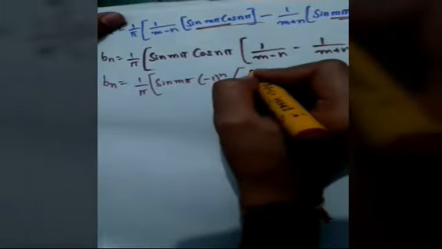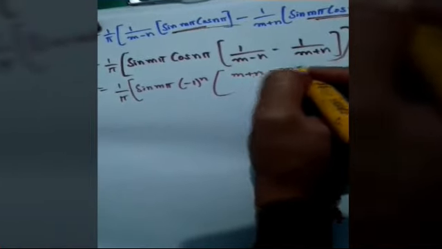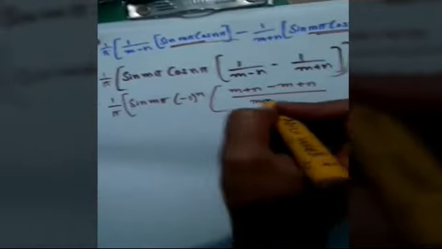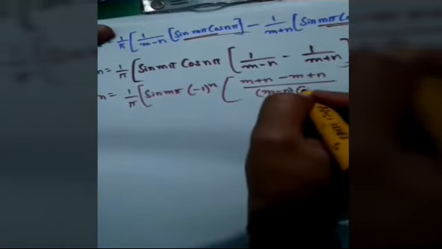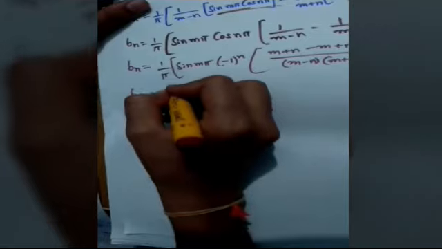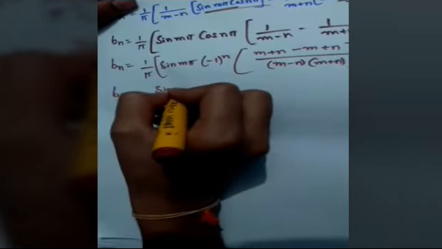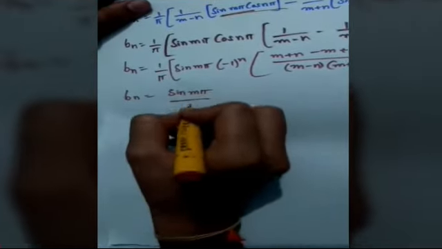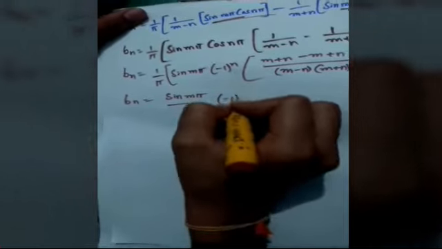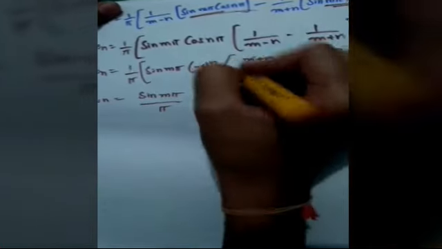Now we shall proceed. Bn is equal to 1 by pi, sin m pi as it is, cos n pi is minus 1 whole power n as we recalled before, and this is (m plus n) minus (m minus n) by (m minus n) into (m plus n).